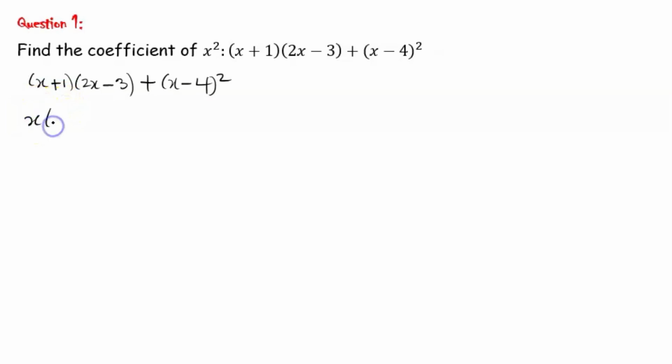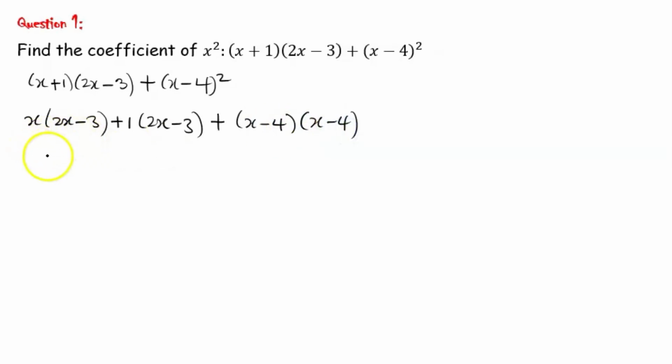The way we expand the bracket, we have x times 2x minus 3, plus 1 times 2x minus 3. That's just for these two brackets. Then of course we have plus, and the square is just like what we did in the previous example. Let's do everything once and close this matter as soon as possible.